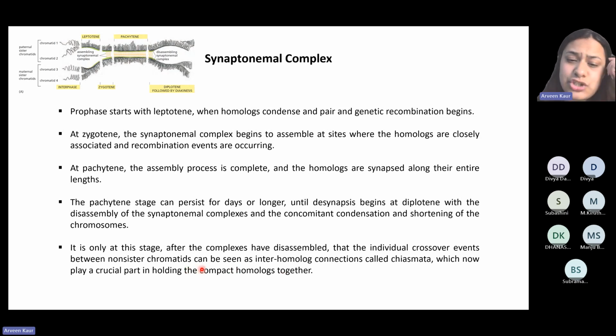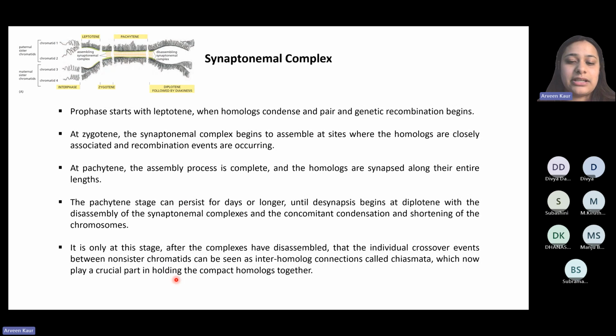It is only at this stage, after the complexes have disassembled, that the individual crossover events between non-sister chromatids can actually be seen. Okay, during the synaptonemal complex, since both the homologues are entirely fused together, right? You will not be able to make out where the recombination event has taken place. But after the synaptonemal complex has disassembled, these homologous chromosomes will still be attached at the point of recombination.